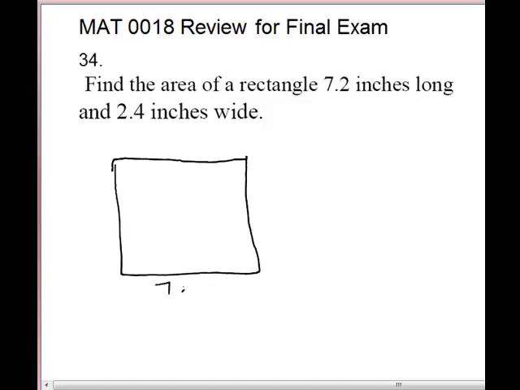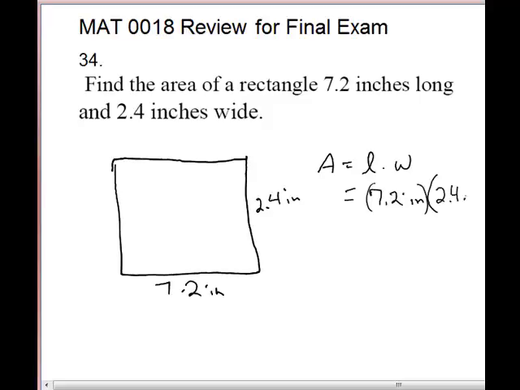And one side is 7.2 inches and one side is 2.4 inches. And our formula is length times width. So 7.2 inches times 2.4 inches. We'll do it right here.